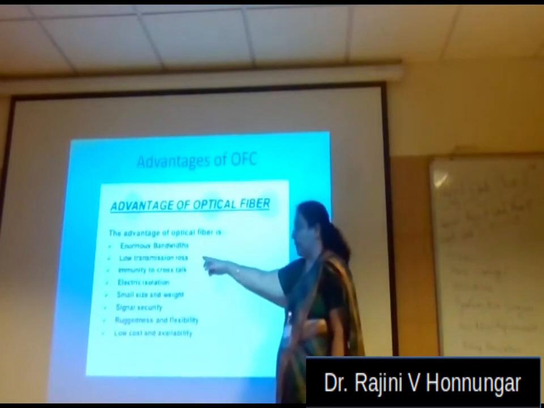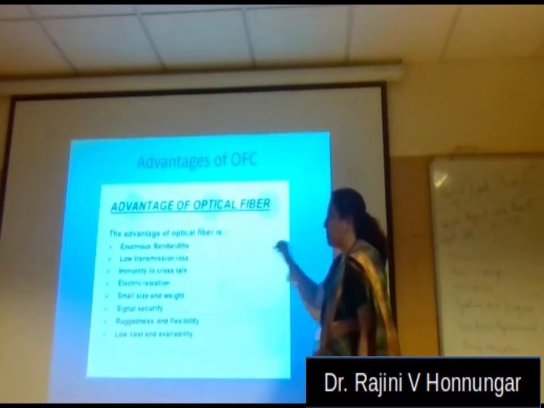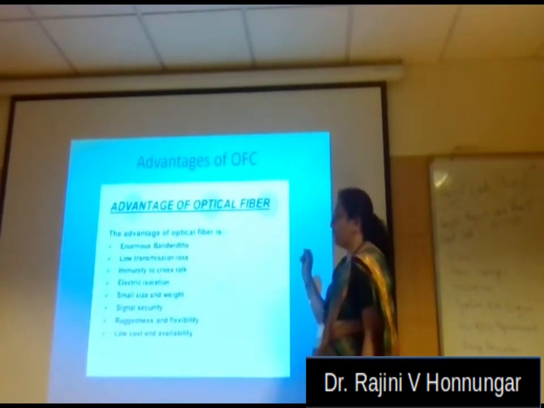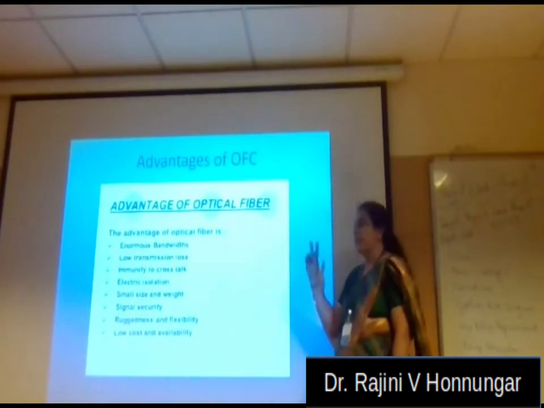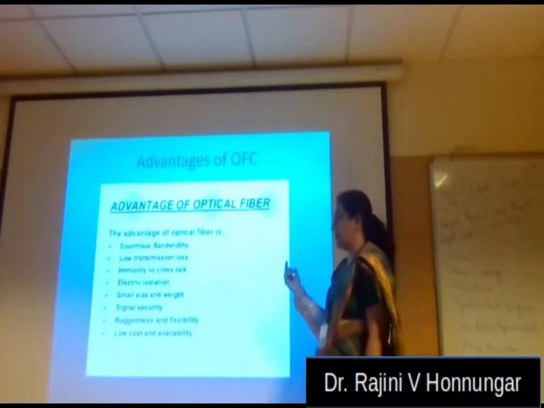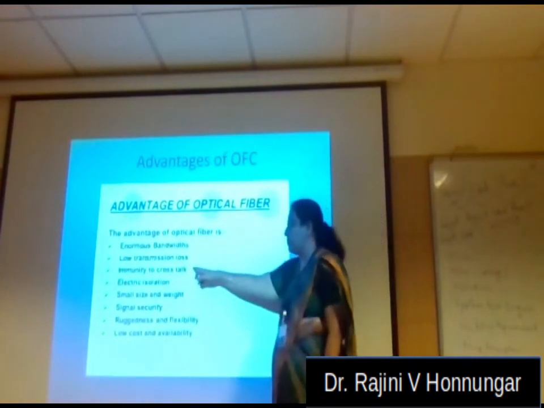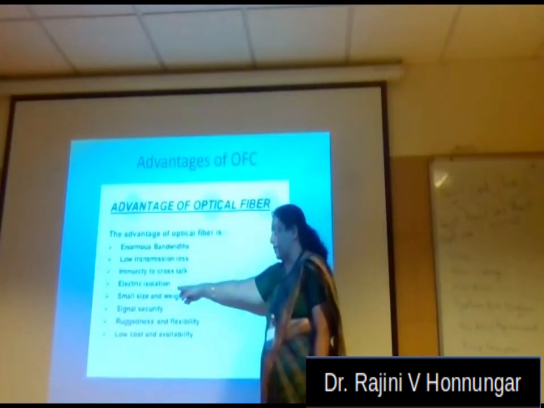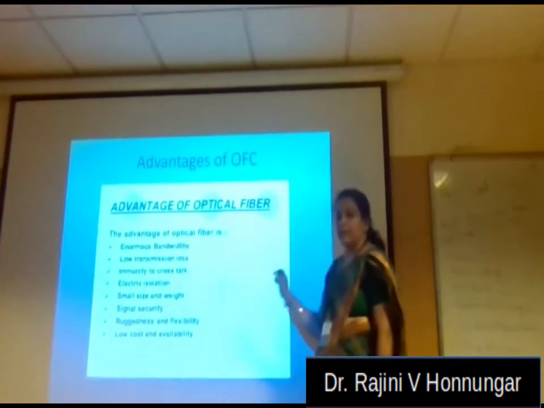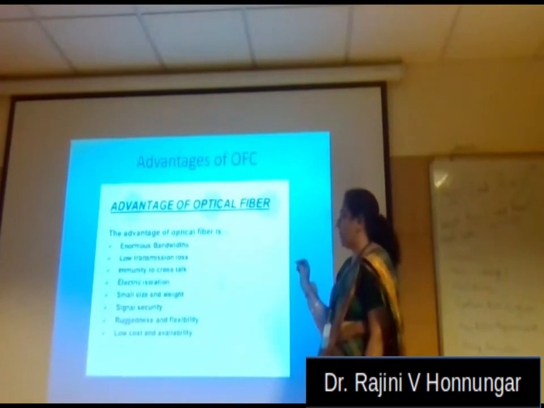Then there is low transmission loss, because the loss in optical fiber is not much, only due to irregularities in the glass or material used. An important property is immunity to crosstalk and electric isolation. There is no electromagnetic interference, EMI, when you use an optical fiber, and that is very important.